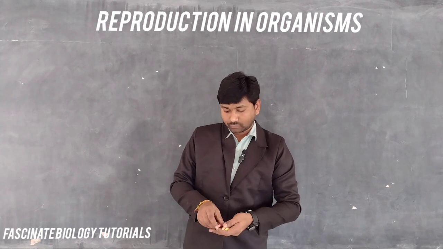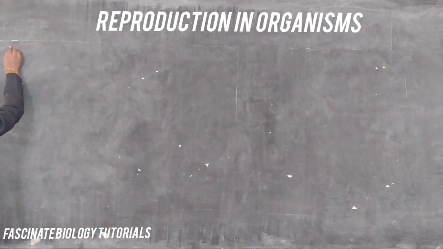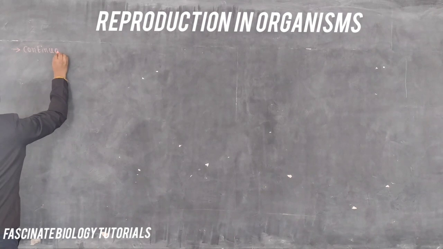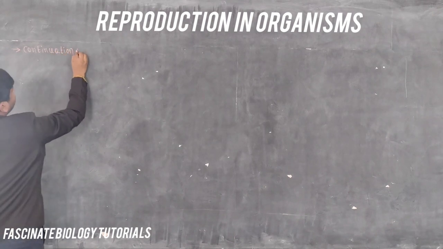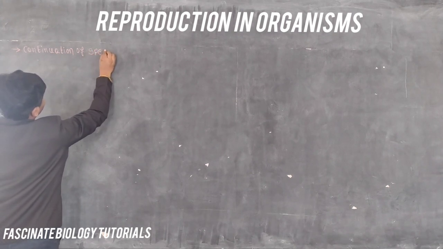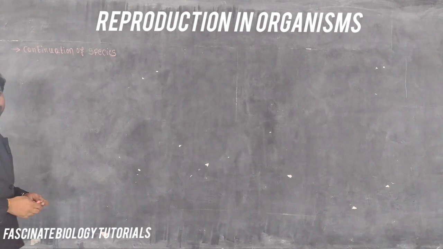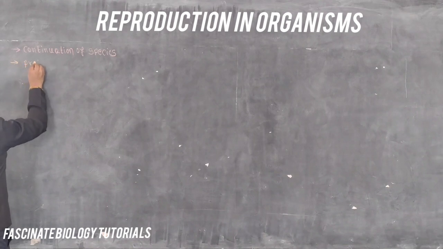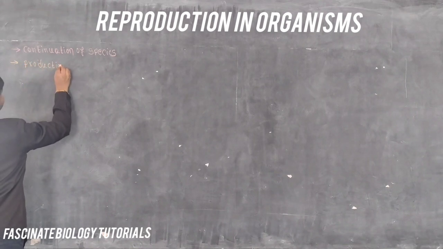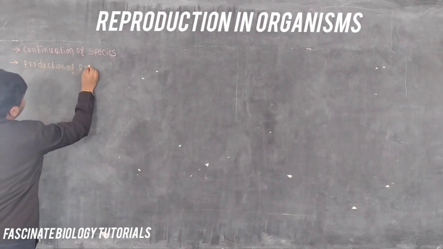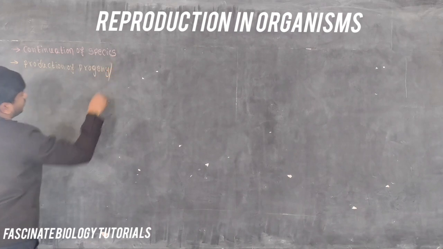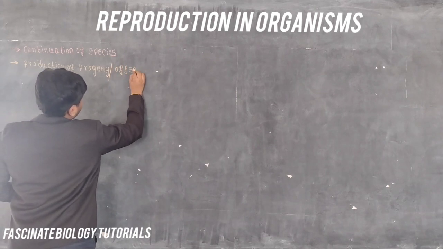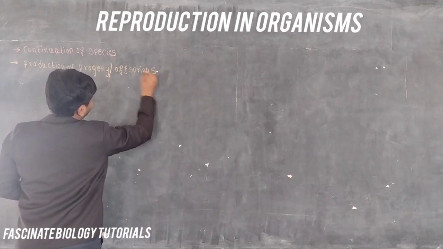The definition of reproduction is continuation of species, or production of progeny or offsprings. That is known as reproduction.